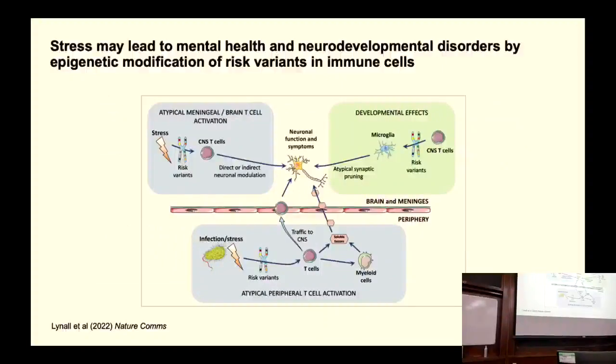And those data and other data allow us to start thinking about this kind of model for what might be going on. So you've got some kind of environmental impact. It could be infection, it could be social stress, which induces epigenetic activation.